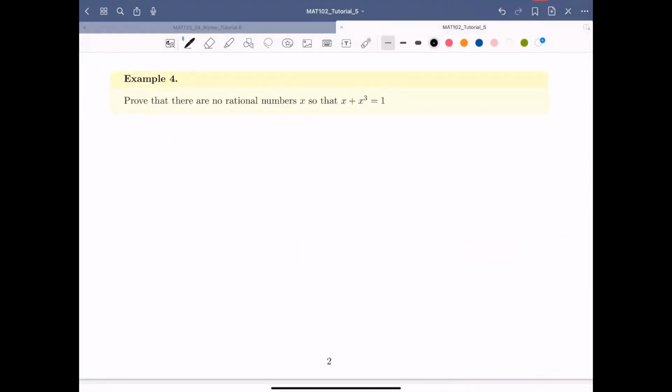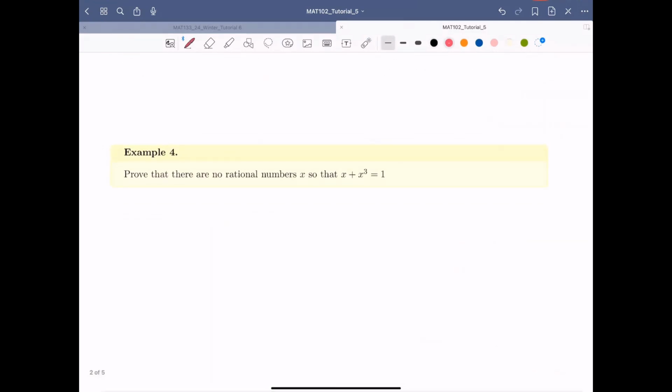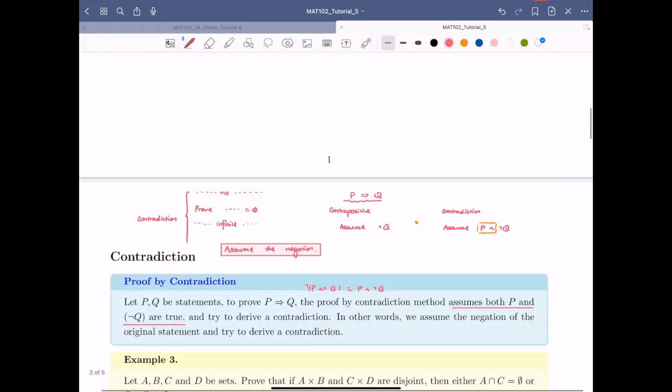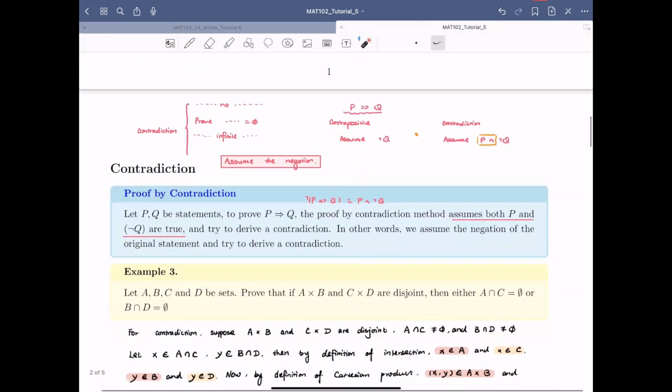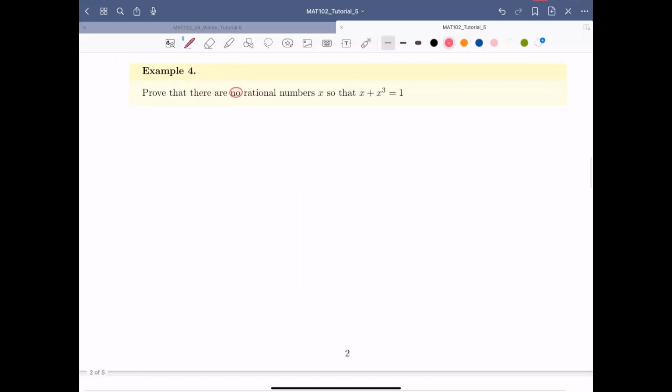Well, classic contradiction question, because there is a "no" here. Before I said we have something, "no" something, contradiction. Okay, so they said no rational number is x such that x plus x cubed equals 1. Since they said no, we suppose yes.